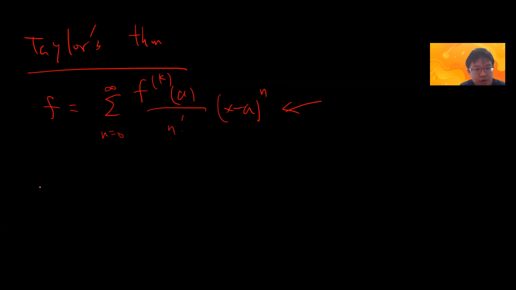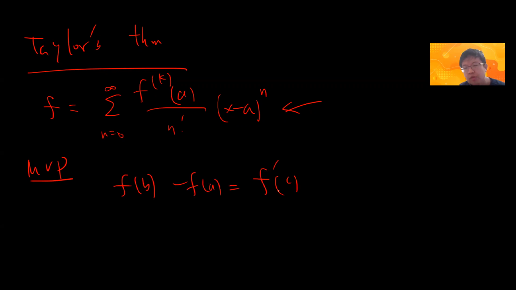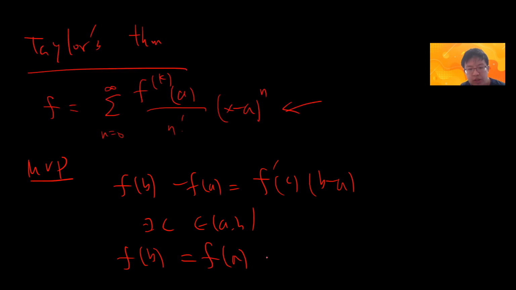So remember that we have the mean value theorem, which says that f of b minus f of a, if the derivative exists in the open interval ab, there exists a c belonging to ab such that it equals f prime of c times b minus a, right? This is the mean value theorem. Which means that if you want to approximate f of b by f of a, you get this.